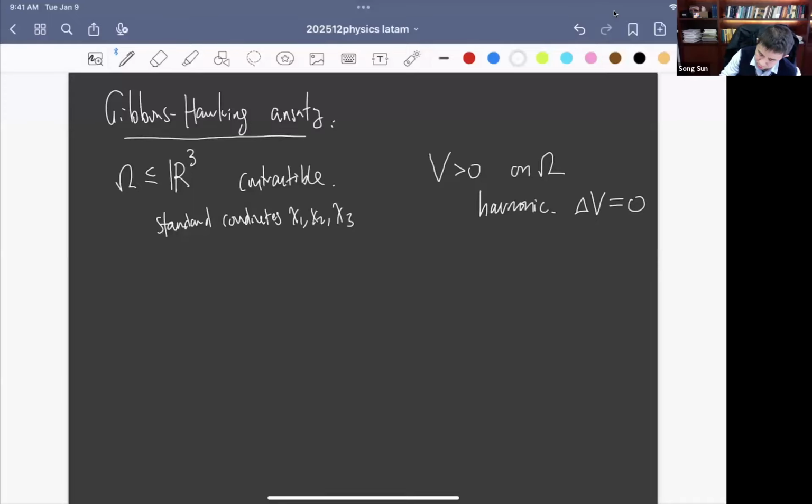Because the Laplacian of V equals 0, this is the same as saying d star dV equals 0. In terms of harmonic, this is a flat space, so Hodge Laplacian equals 0. That means star dV is a closed form, and if it's contractible, it's d of a one form. There exists a one form theta.